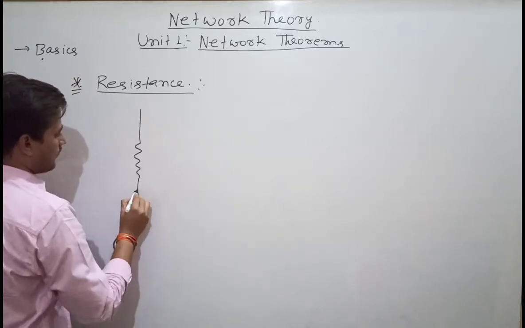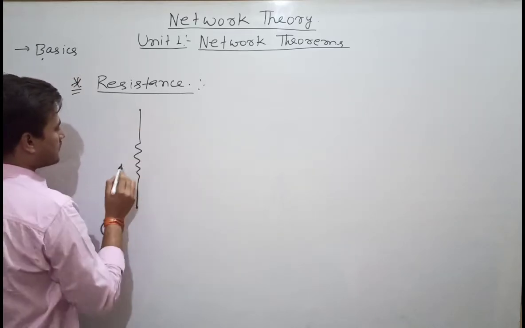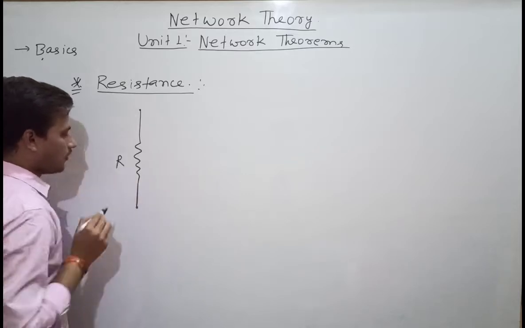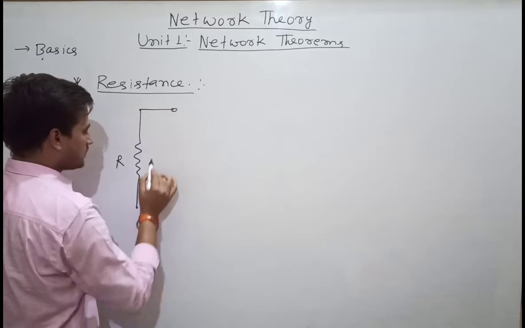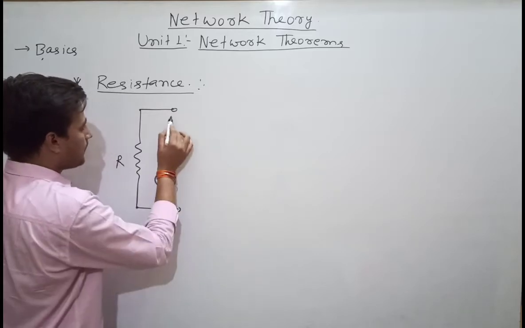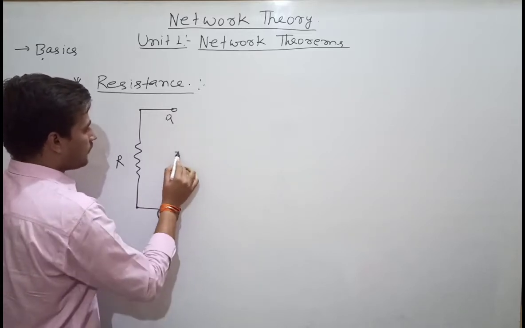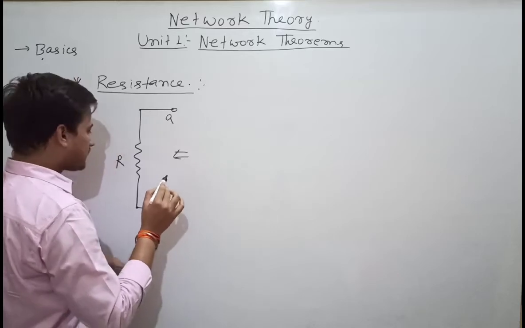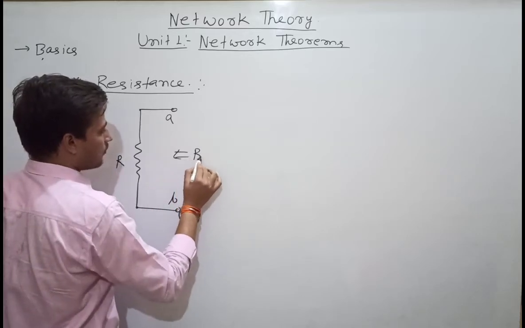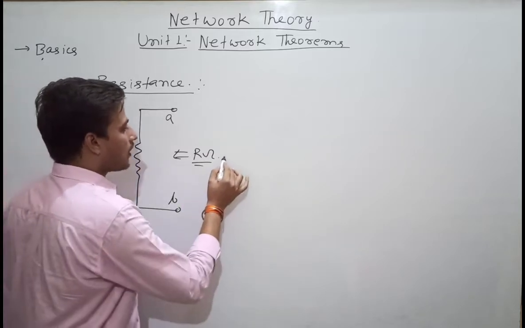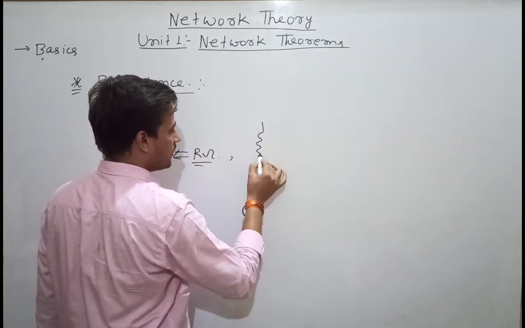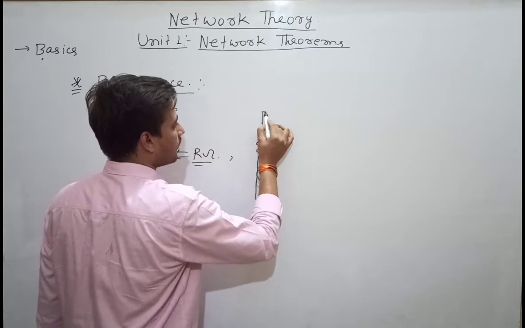See, this is the resistance R. Now if you measure the resistance from the given terminals A and B, this resistance is R ohm looking from this terminal. Now I am making one change in the circuit and then you will see what is the value of resistance.